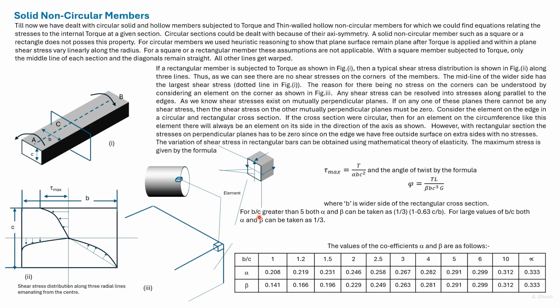For b divided by c less than 5, we have to use the table. For b divided by c greater than 5, we can use the table or we can use this formula. Now alpha and beta for b divided by c greater than 5 are equal. For large values of b by c, both alpha and beta can be taken as 1/3.